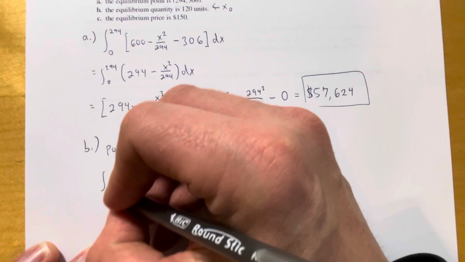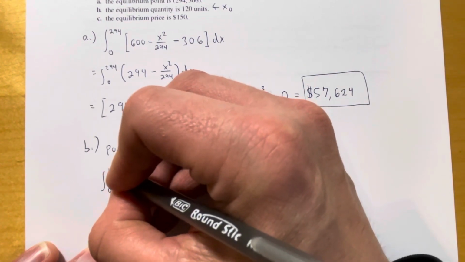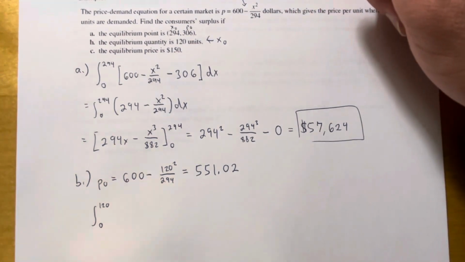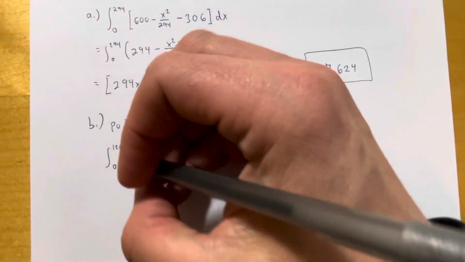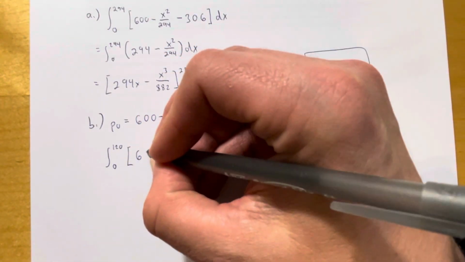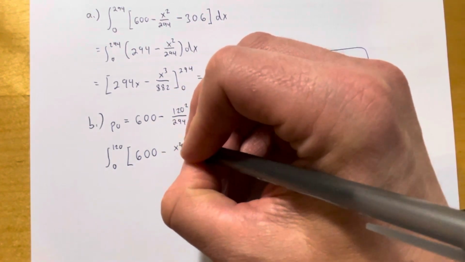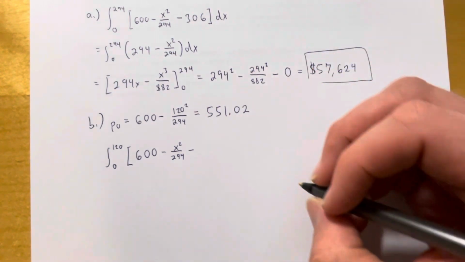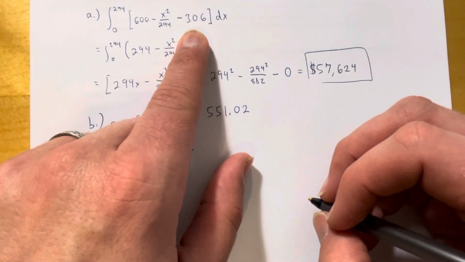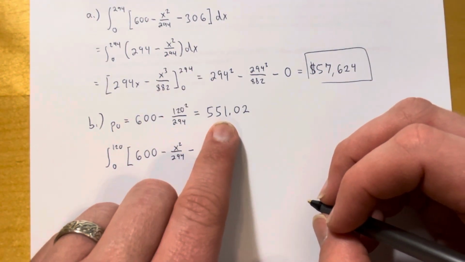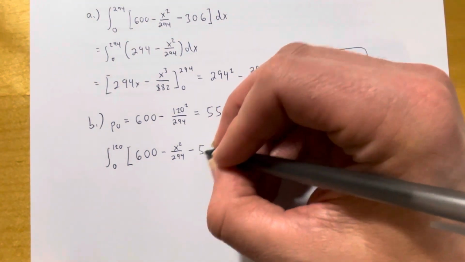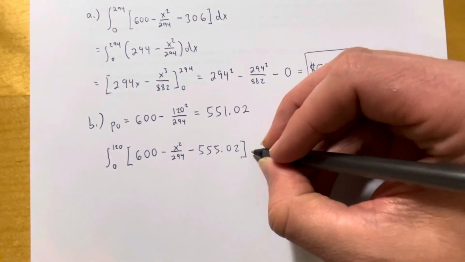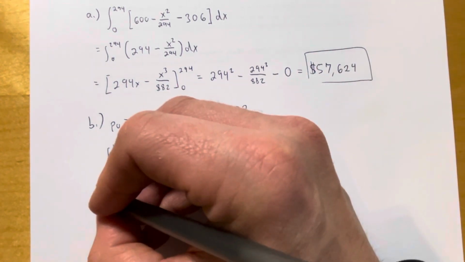Okay, we can now set up our integral. So this is the integral from 0 to 120 this time, because that is what the X naught, or the equilibrium quantity, was. Setup will look similar, 600 minus x squared over 294, but this time I'm subtracting not 306, but this equilibrium price, or this market price, 551.02 dx.